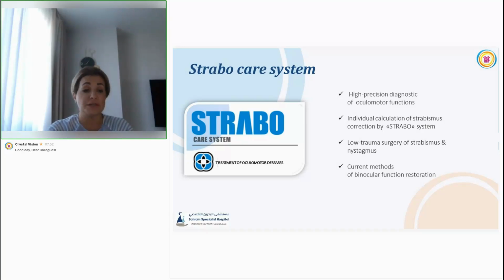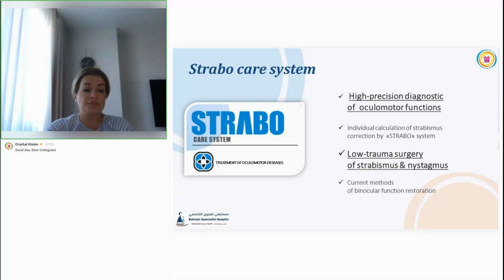The StrabaCare System is a comprehensive program for the treatment of strabismus, which includes an accurate diagnosis of the pathology of the oculomotor system, a program of mathematical modeling of the operation, minimally invasive strabismus surgery technique, and development of binocular function during the rehabilitation period after the operation.